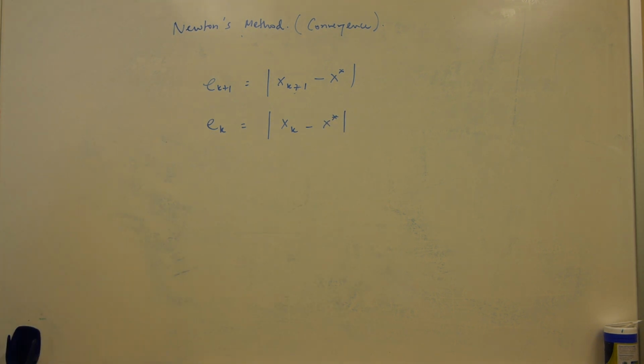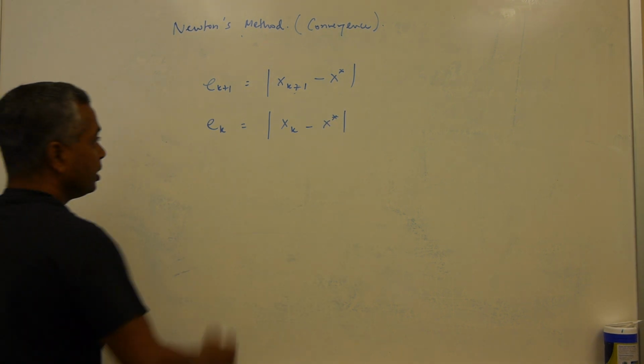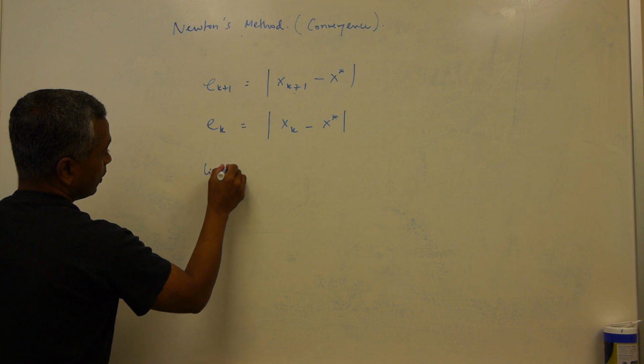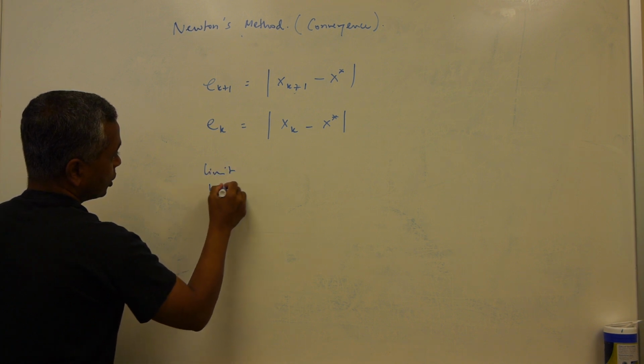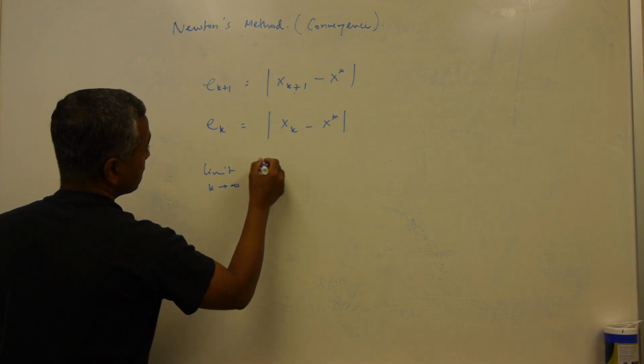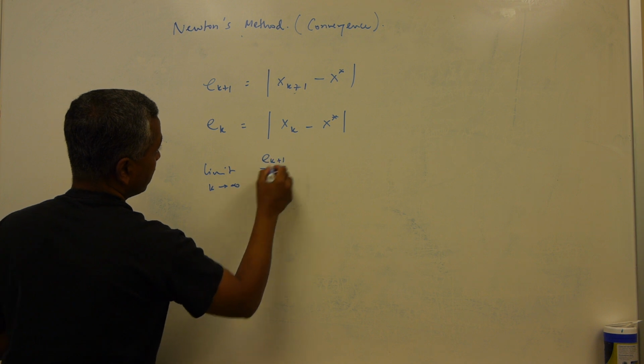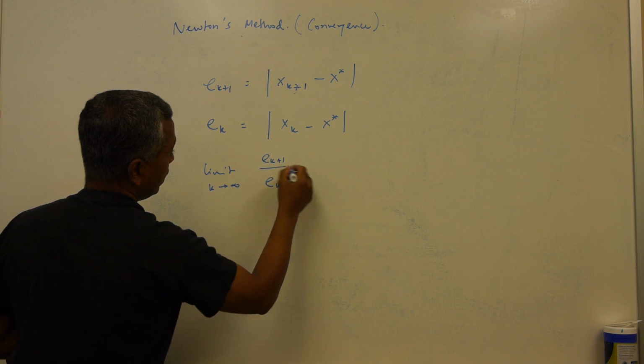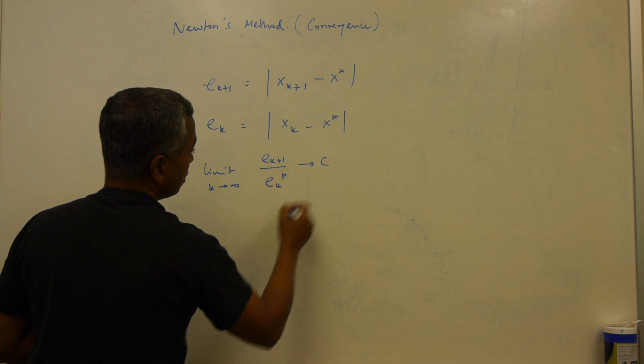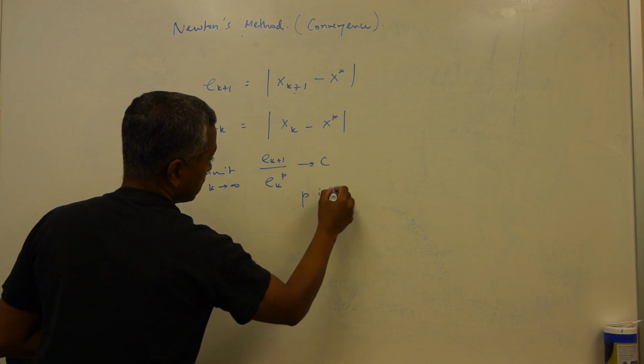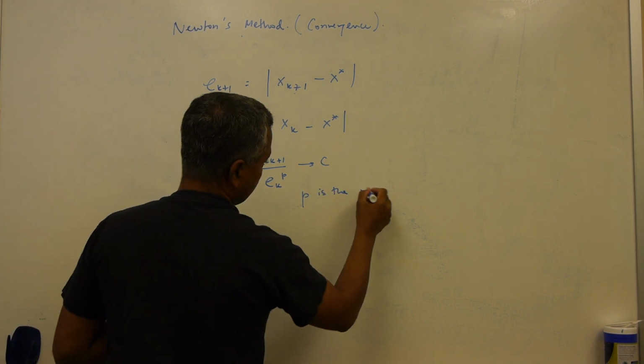And essentially what I'm looking at is the limit as k becomes large of e_{k+1} divided by ek to the power of p. Now if this approaches a constant, we say that p is the rate of convergence.